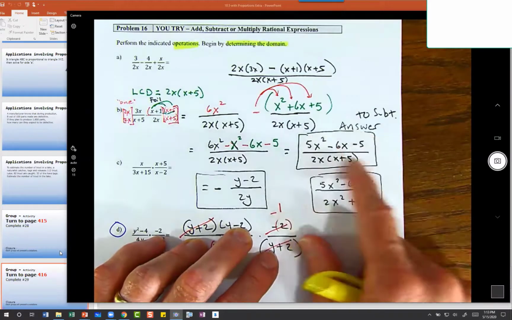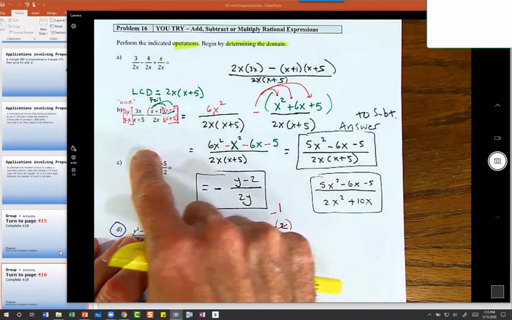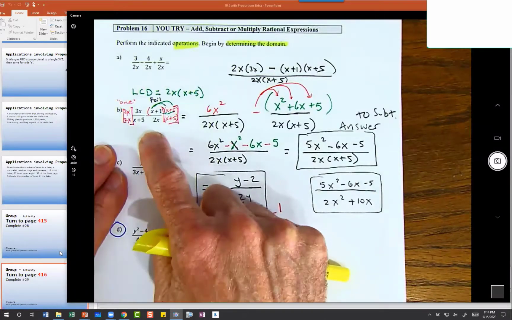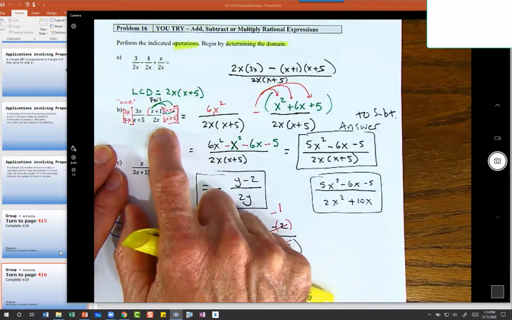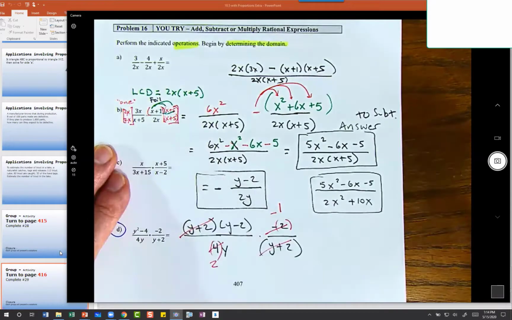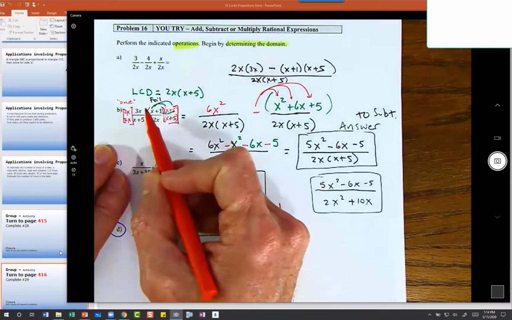And the bad numbers start from the very original problem. Now, what are the bad numbers? Sometimes they're easy enough that you can tell just by looking at them. What are the bad numbers for this first fraction?